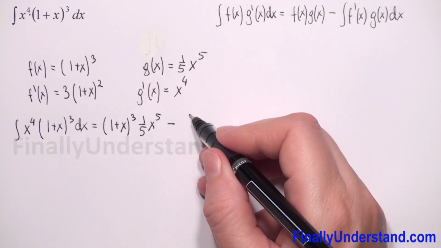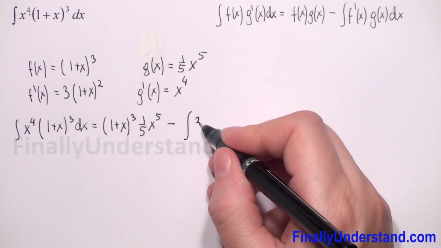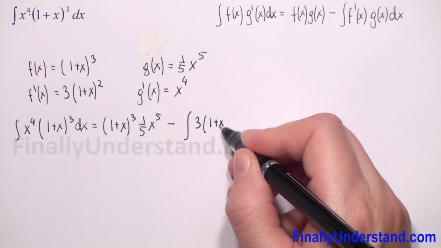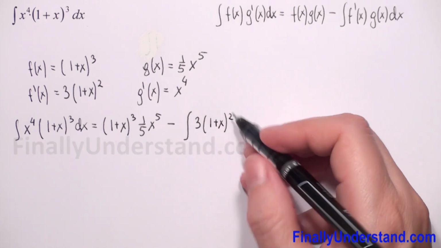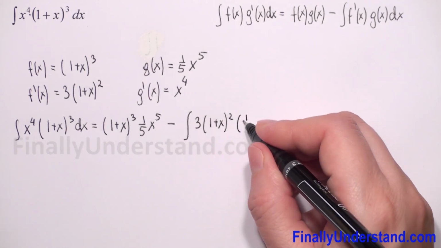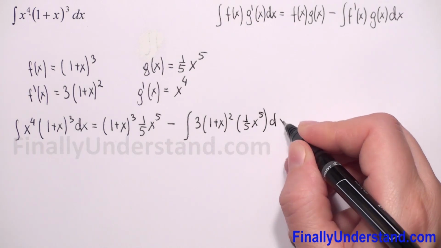Next we have a negative sign, and the integral of f prime is 3 times 1 plus x squared times g. g is 1/5 x to the 5th power with respect to x.